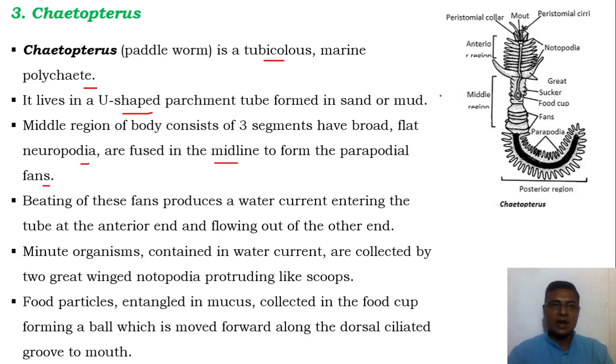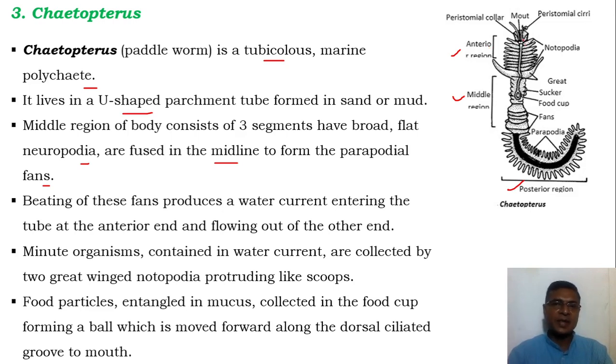Here in the diagram of Chaetopterus, the body is again divided into three regions: anterior region, middle region, as well as posterior region. The anterior region consists of the peristomial collar. At the center of that collar, the mouth is present, while from the base of the collar arises a paired peristomial cirri.